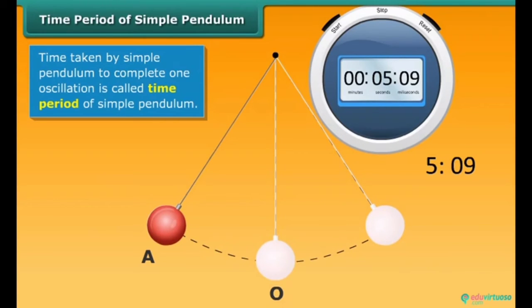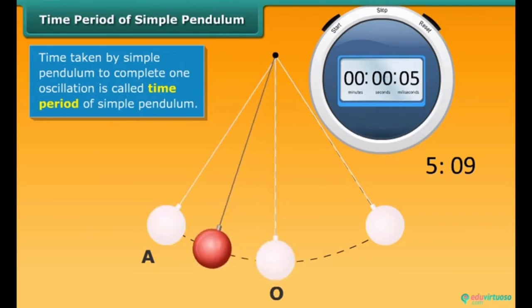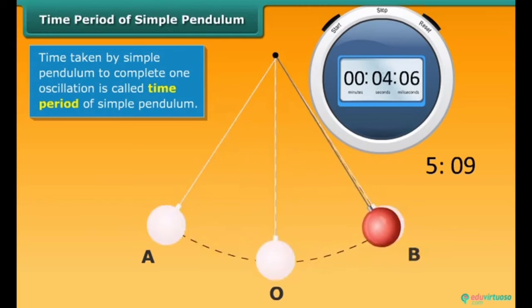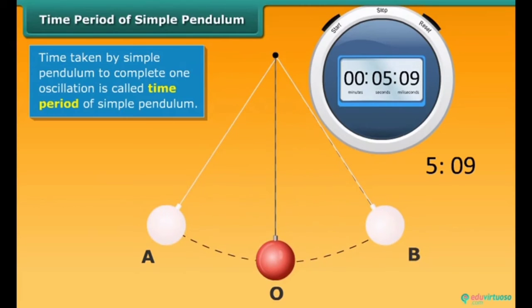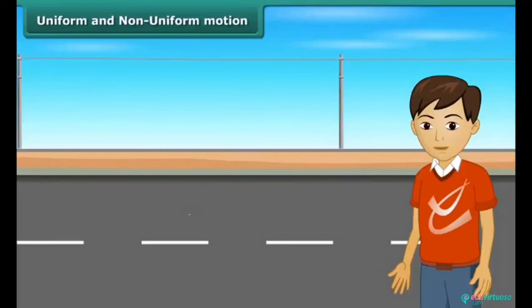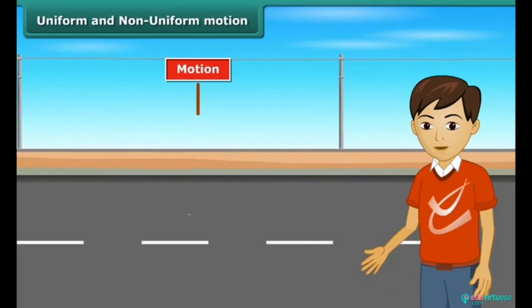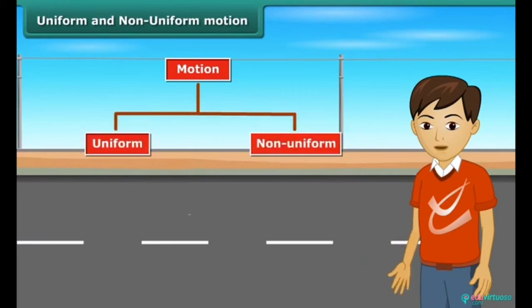Every time when we release the bob, we note down the time here two times, and when it completes one oscillation, the time is the same. Here it is 5.9 in both the cases. It means the length of a thread from the point of suspension determines the time period, and the time period of a pendulum of a given length is constant.